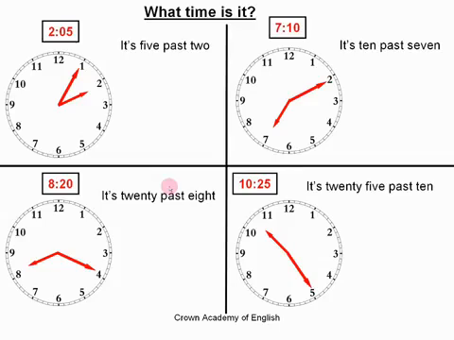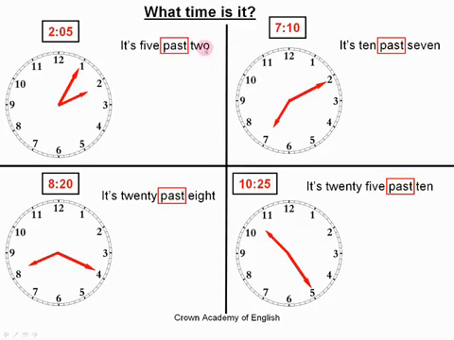It's 10:25. Okay? So, this time, the important word is past. Past. So the form is, we say 5, which is the number of minutes, then the word past, and then the hour.